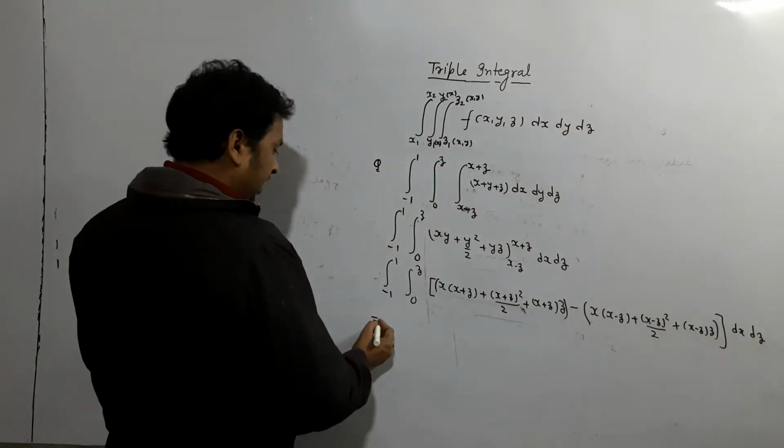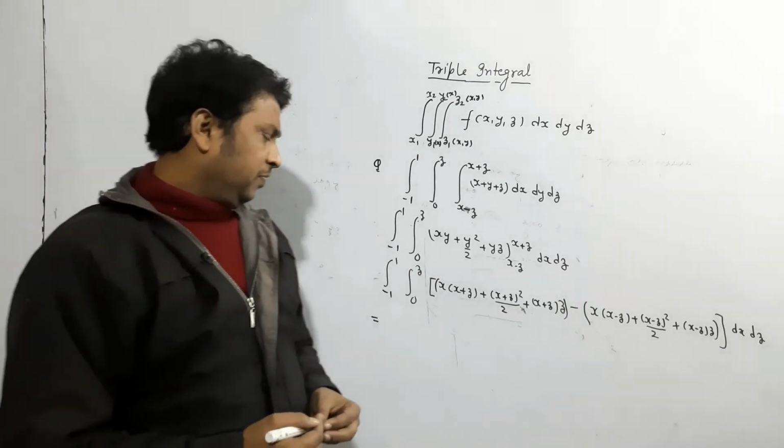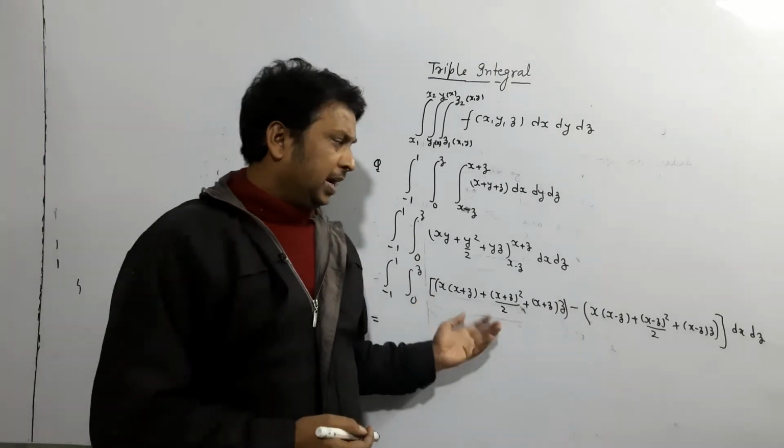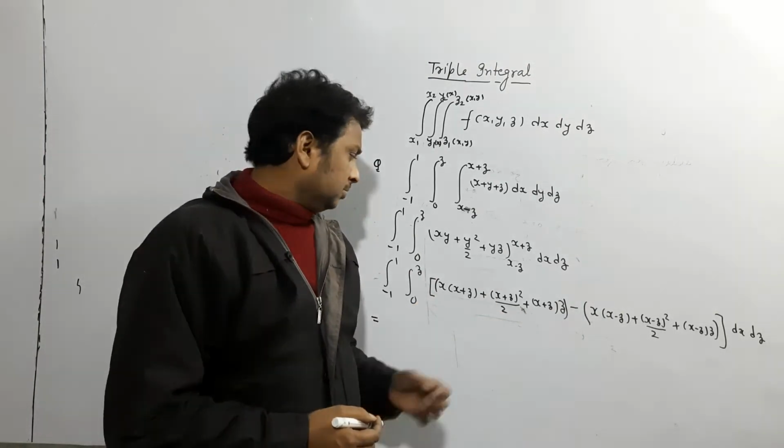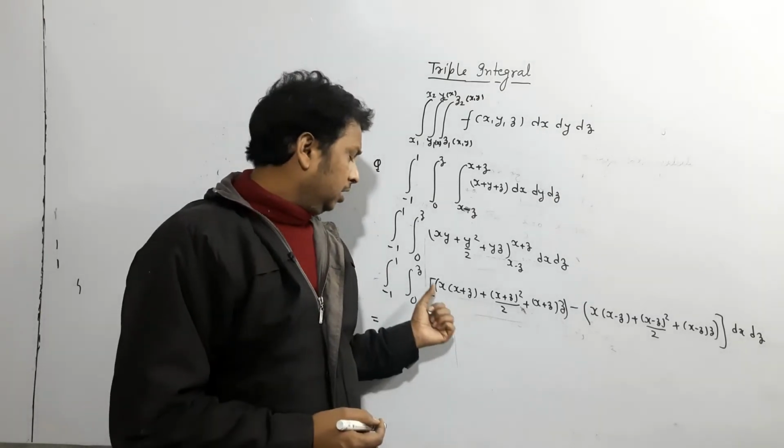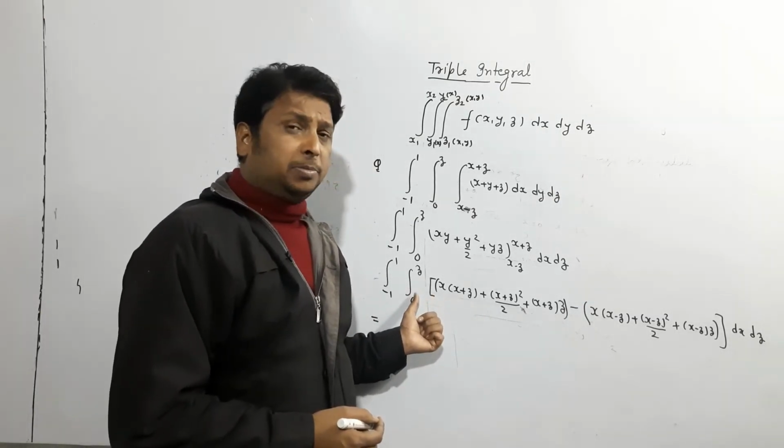When you simplify, you can easily simplify. Just open and subtract this function. Then this is in terms of z.